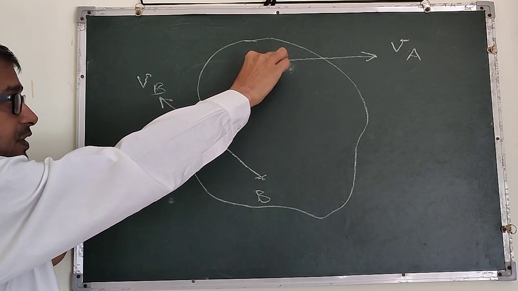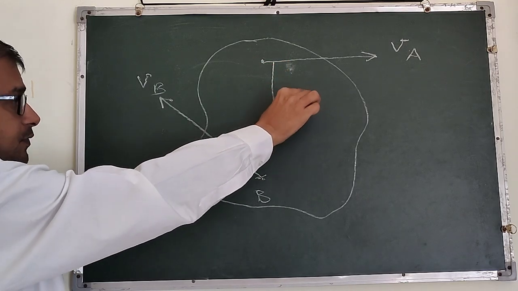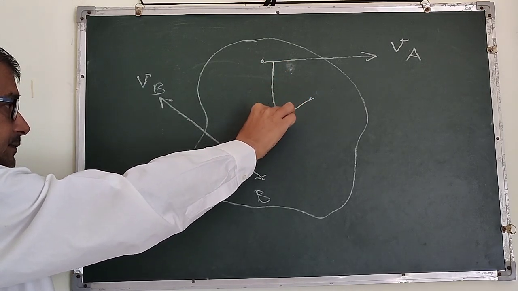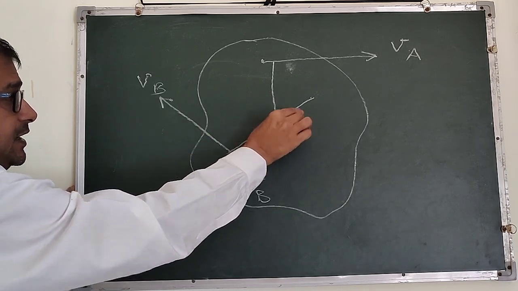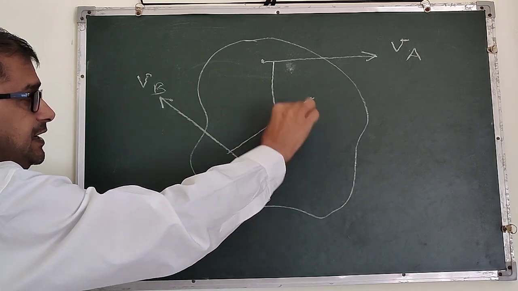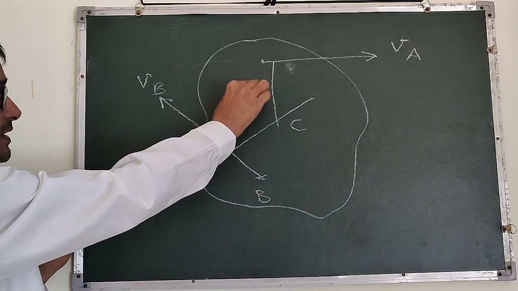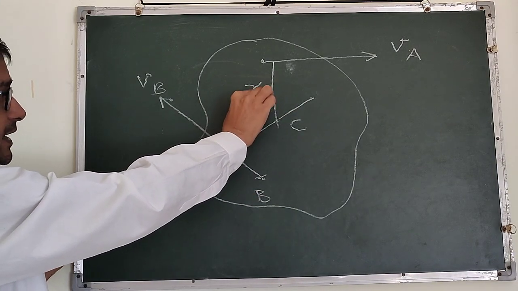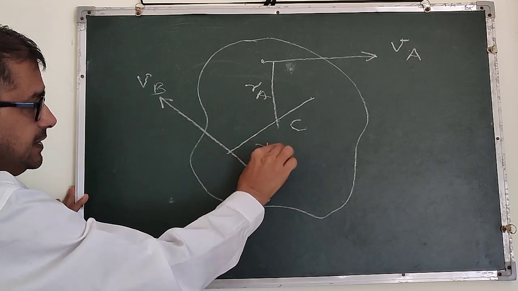For this, we draw a perpendicular on both velocities, and where the point of intersection occurs, this is the instantaneous axis of rotation C. Suppose this is at a distance RA and this is at a distance RB.